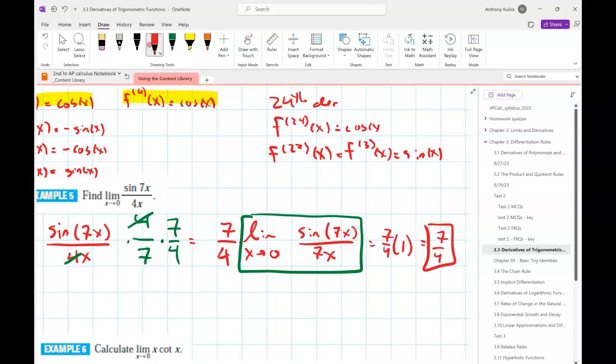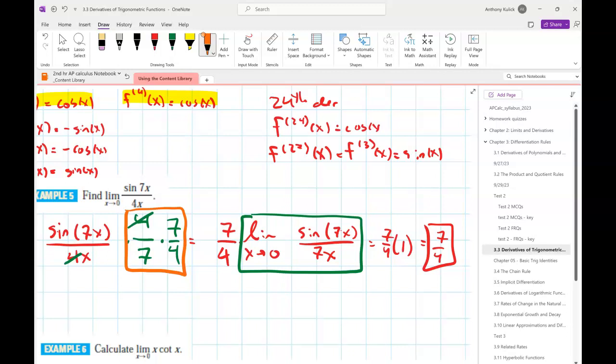That wasn't so bad, right? Emma. Yeah, I chose to multiply by 4 over 7. That'll cancel out the 4's and leave me with a 7x down in the denominator.